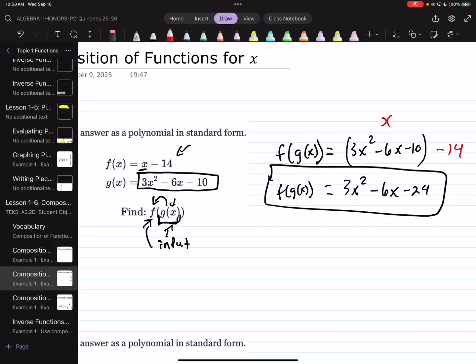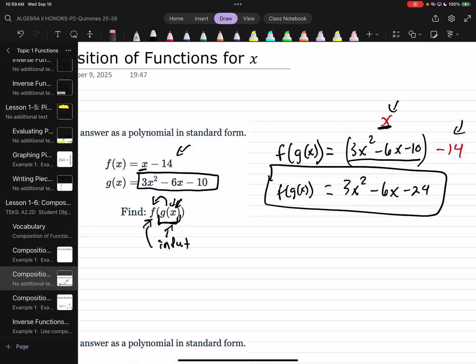Okay, I see. But instead of x, we've been told to put in a new input. In this case, my input is g of x. Every time I see an input variable placeholder, I'm going to substitute it with whatever g of x is, which is the function. That is how we do composition functions. Now did I answer your question? Yes. Cool. So technically we did write the equation x minus 14, but instead of x, we are told to put in g of x.